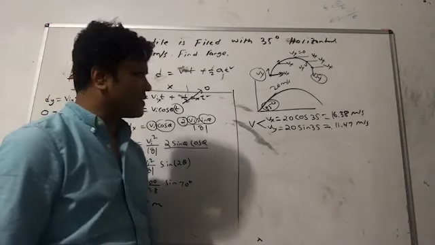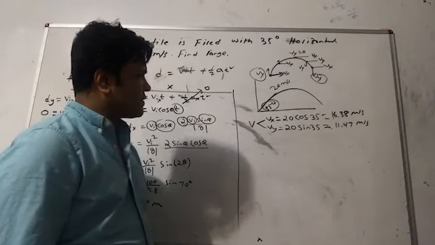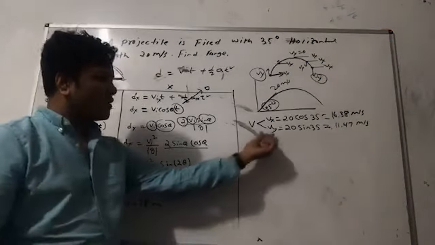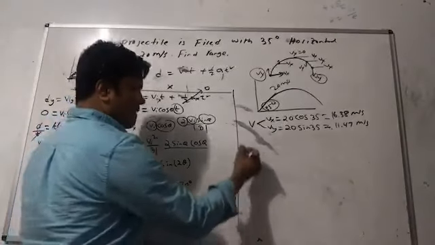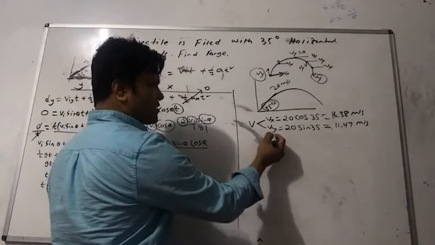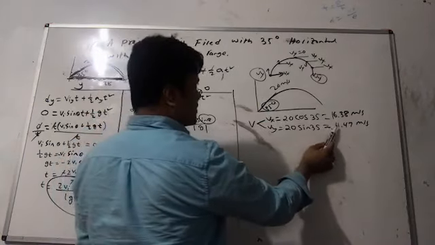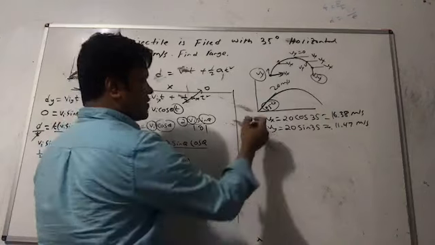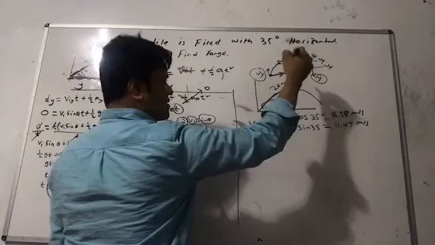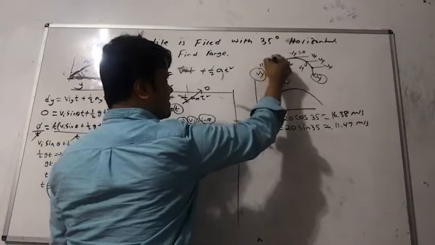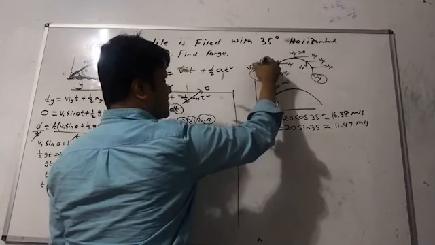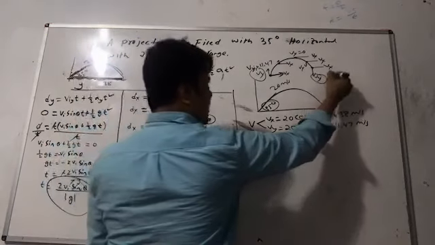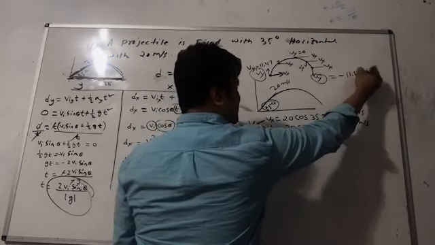What can we do with this one? We can do many things. We can take the y component. What is the initial y component? Initial y component is 11.47, obviously. This is Vy initial, 11.47. And Vy final is negative 11.47.